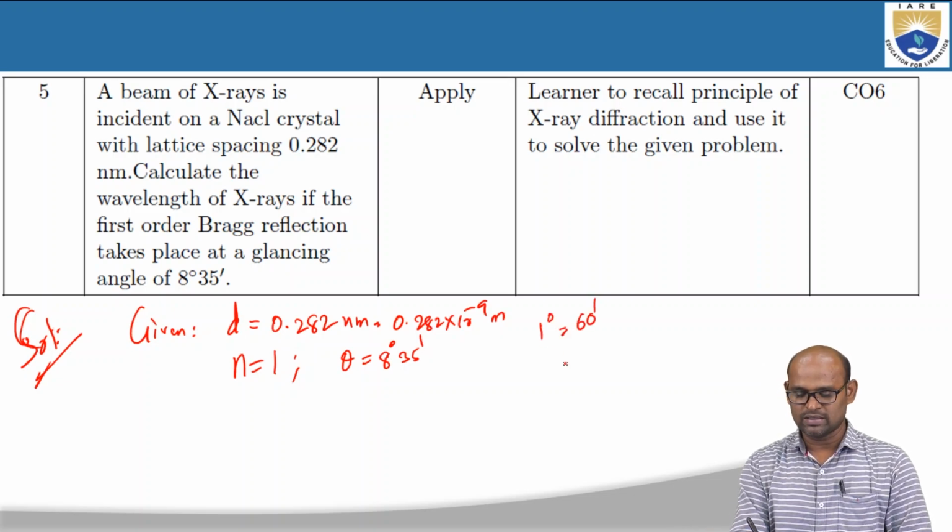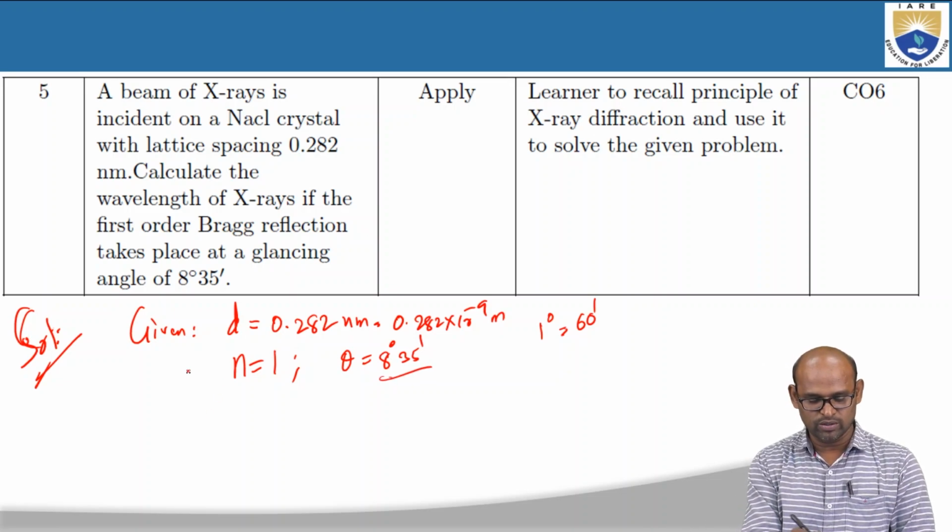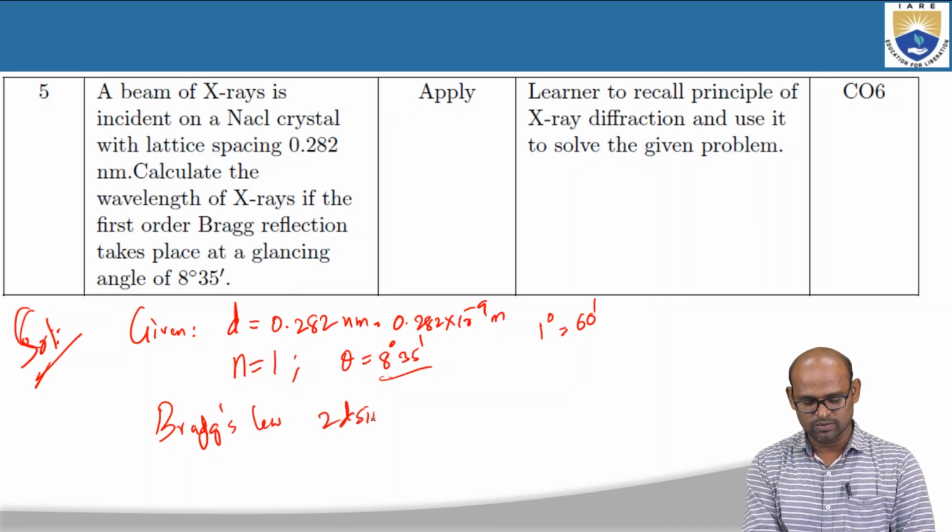So we can convert 35 minutes into total degrees. Then we are going to use Bragg's equation, because we need to calculate wavelength. So Bragg's law is 2d sin theta is equal to n lambda. So we need to calculate lambda.